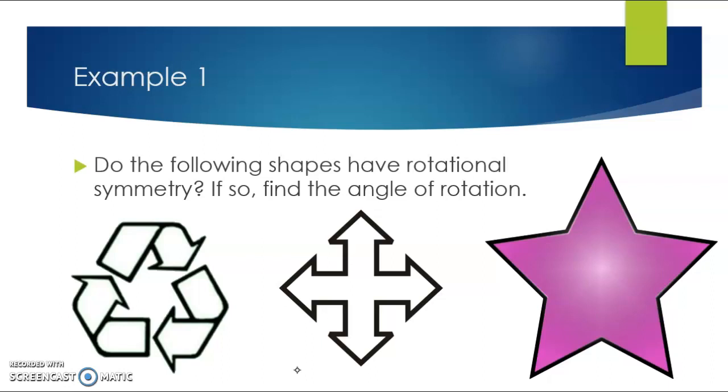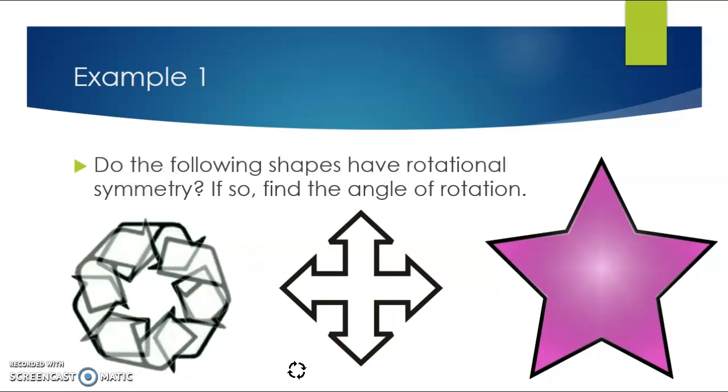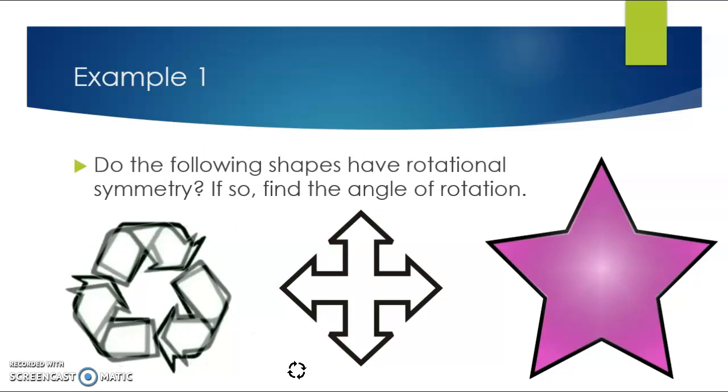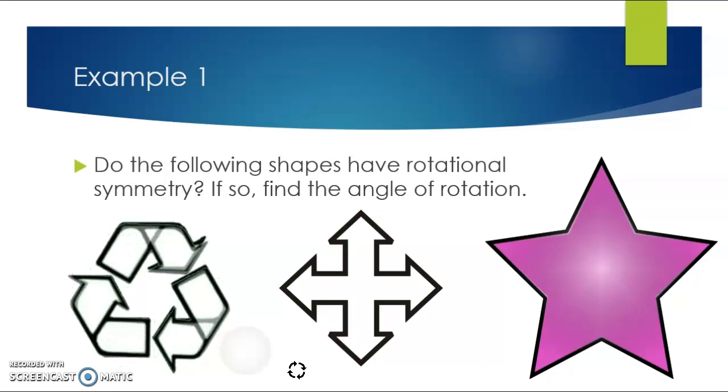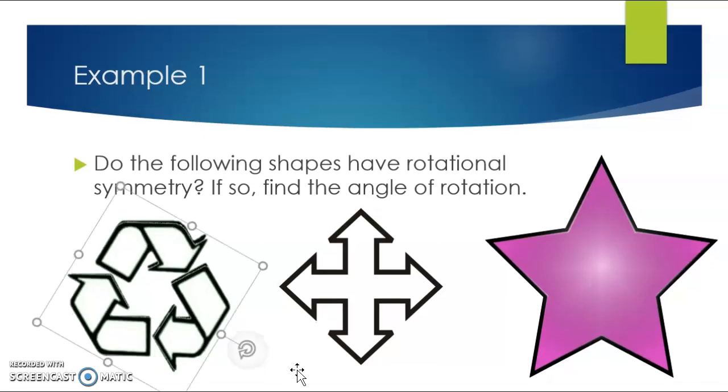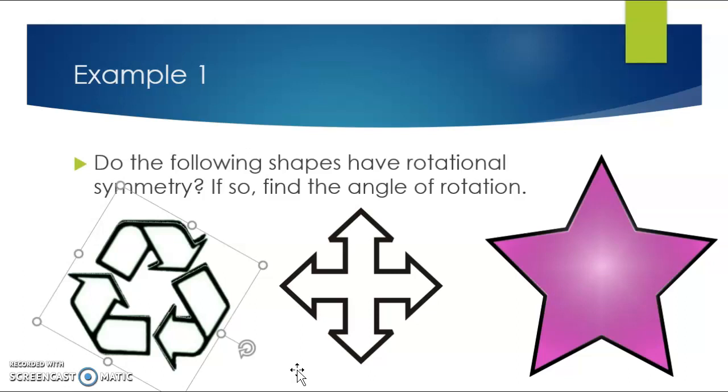So these are the same shapes that we were looking at, the first two at least. And we said, okay, if I rotate this like that, and actually I can see the overlay, that it overlaps and it is the same shape, I have rotational symmetry. And so how much did I have to rotate it in order to get back to the shape?